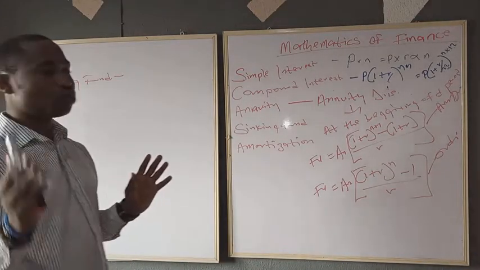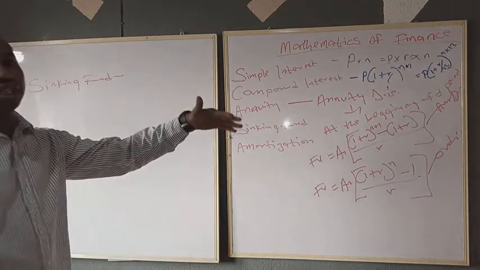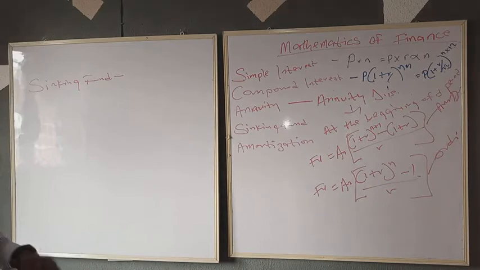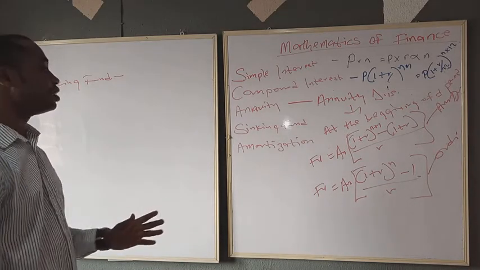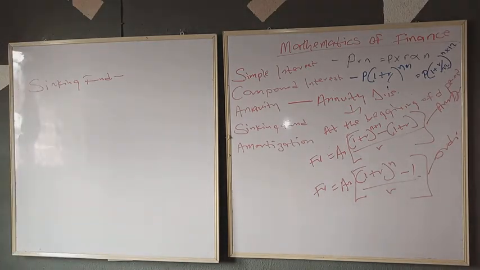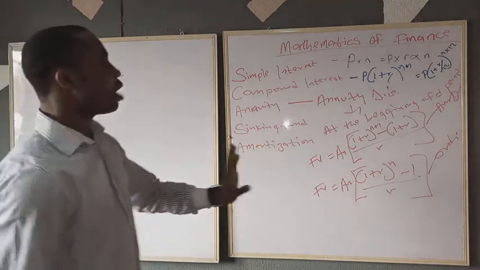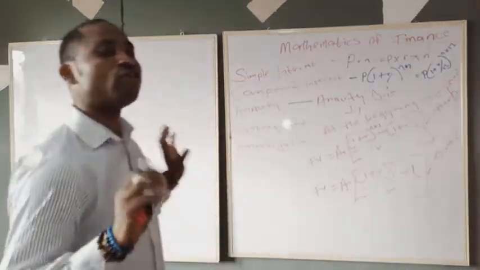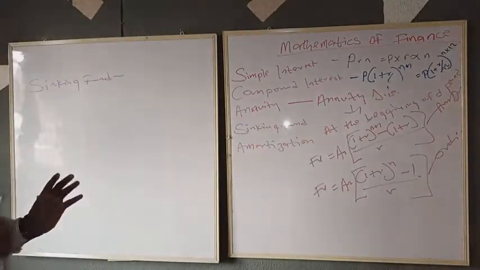It is similar to the annuity in the way that it can be paid at the beginning of the period or at the end of the period. Now, how are you going to know? Once you know your formula for annuity, you already know your formula for sinking fund.